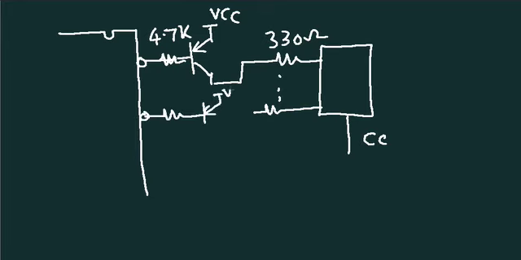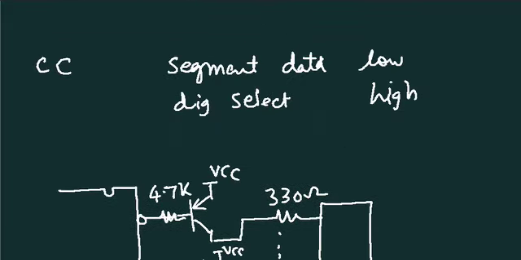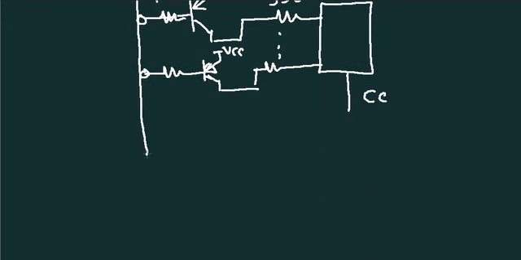The same circuit we are repeating for all these segments, and digit select is active high. So, when this is high, the current should flow, and therefore, the transistor here must be NPN type.